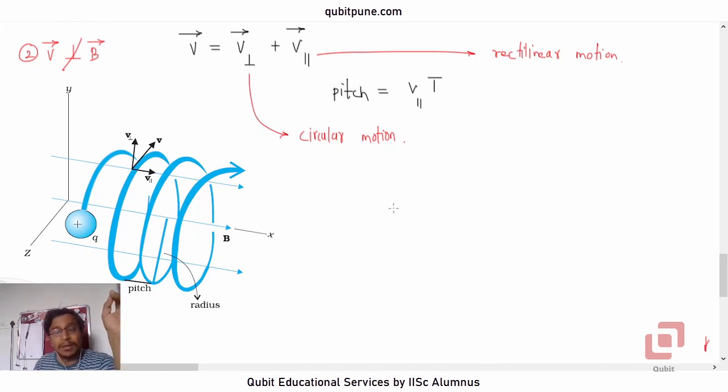Is that clear? Velocity is always tangential.